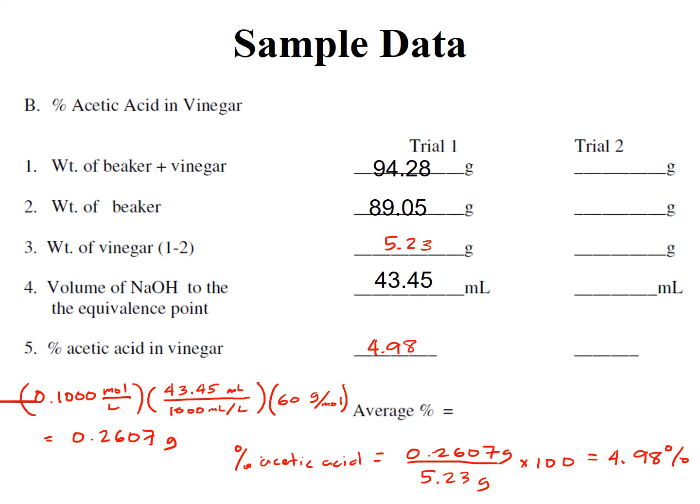So you're going to put this value here. So whatever you get here, you add it with the value that you have here and divide it by 2 to get the average. Okay, so in the lab report that you're going to submit, you're going to fill up all the data, show some sample calculations, and answer the questions. Okay.